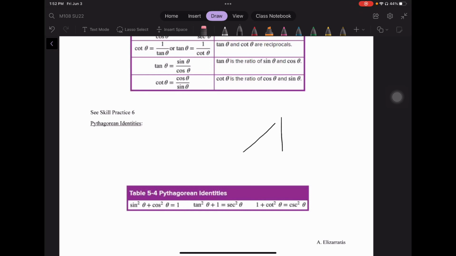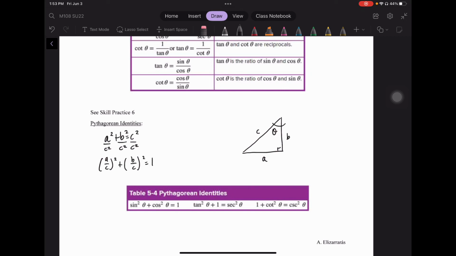Let's say I have a right triangle with sides a, b, and c. I know from the Pythagorean theorem that a squared plus b squared equals c squared. And if I divide through by c squared, I get (a over c) squared plus (b over c) squared equals 1.